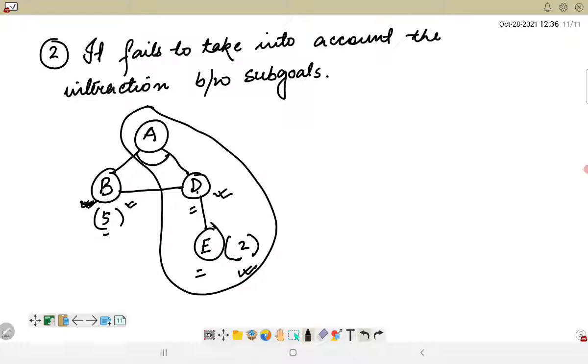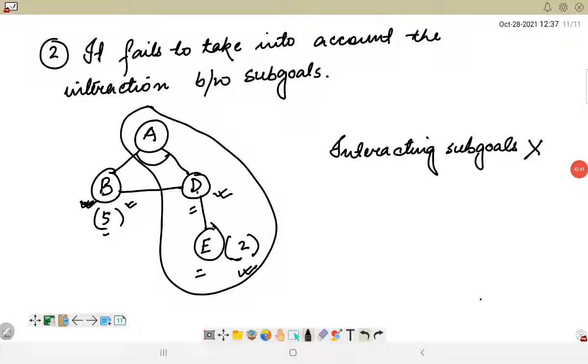But the algorithm does not facilitate us with the interacting subgoals. So interacting subgoals are basically not entertained here. Interacting subgoals will not be allowed here.